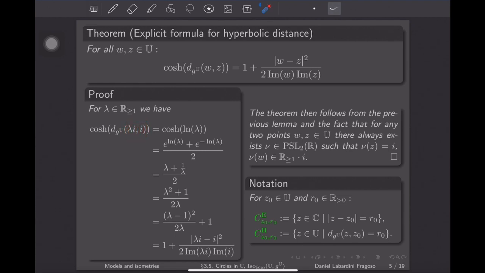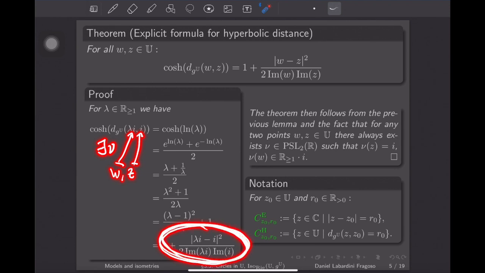But as I said, any 2 other points, Z and W, can be sent to lambda I and I by some nu in PSL2R. But you see, this expression doesn't change if I replace lambda I and I with nu inverse of them.